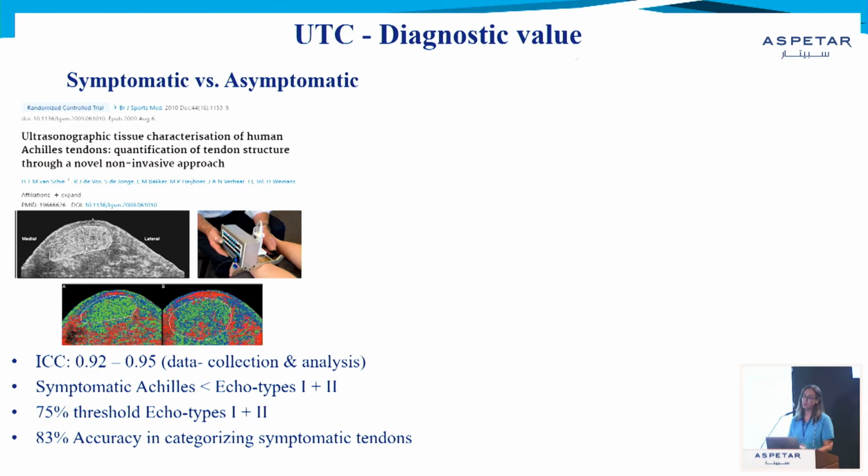They set a threshold of 75% of echotypes 1 and 2, and below that, they considered the tendon pathologic. They managed to detect with 83% accuracy the tendons that were really symptomatic and pathologic based on the UTC images.